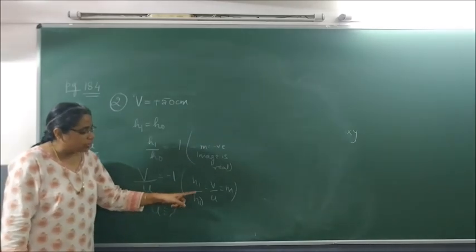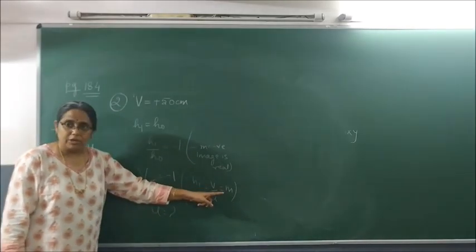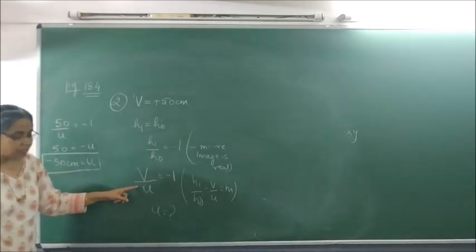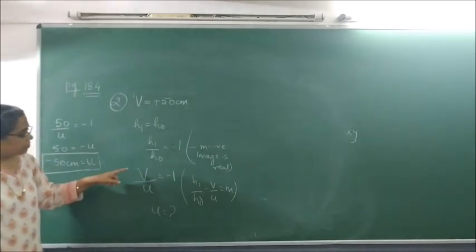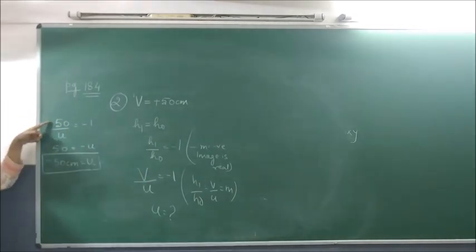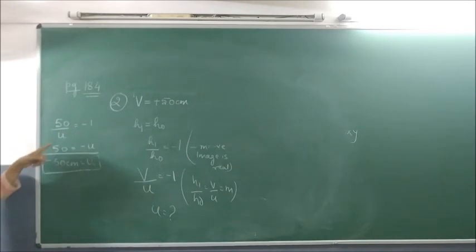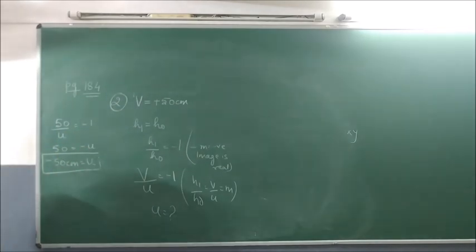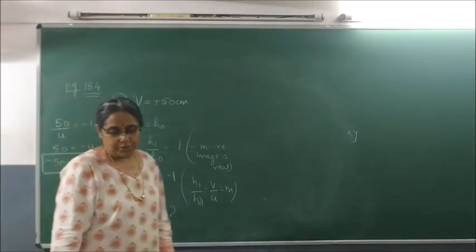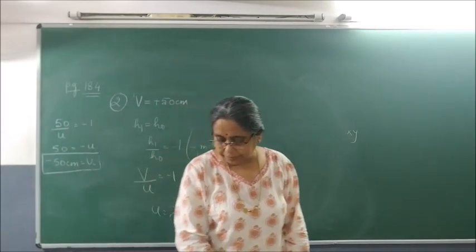So v/u is equal to minus 1. Substituting the value of v, 50/u is equal to minus 1, so 50 is equal to minus u. So u is equal to minus 50 centimeter.